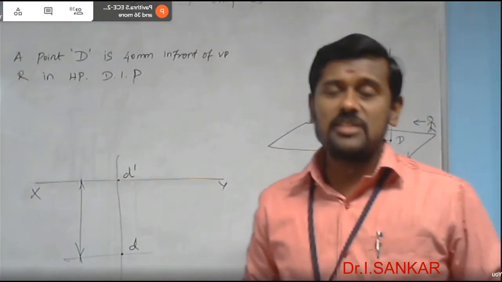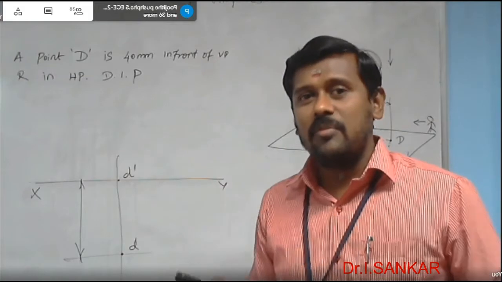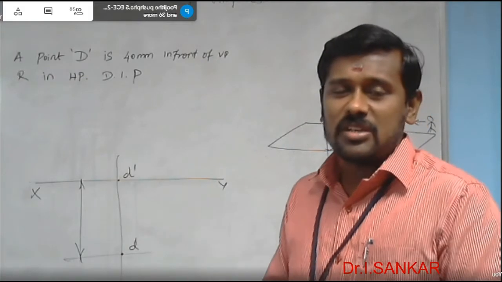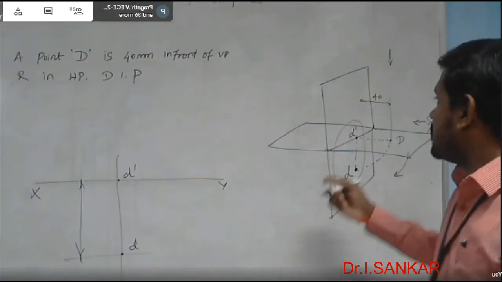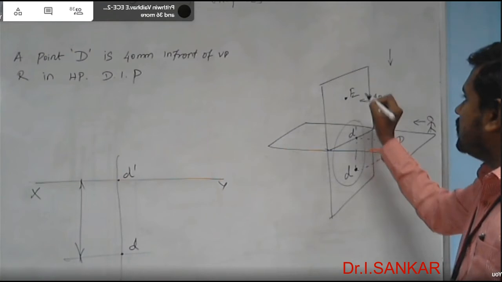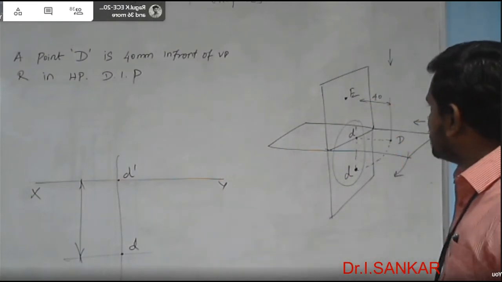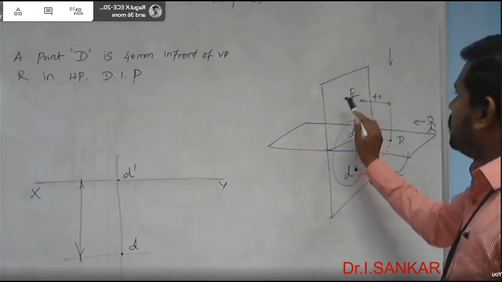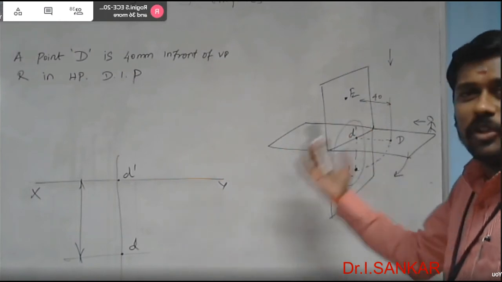Here also the concept of projection and drawing it on paper are the same. Only the initial location of the point differs. In the same way we can have some conflicting questions. If it is a point, how do we write the question for that point? The point E is in VP and maybe 40 to 50 mm above the HP.